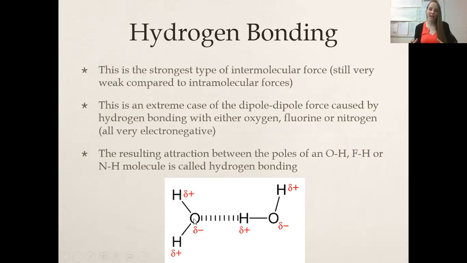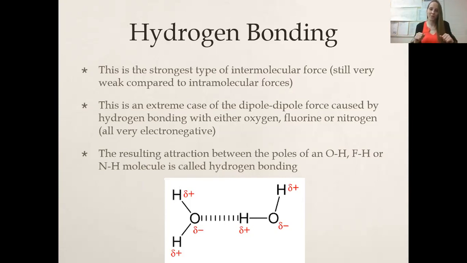So as soon as we have that, you can then have a hydrogen bond form between the poles of those different molecules instead of a dipole-dipole. And the only reason that happens is because the difference in electronegativity between the hydrogen and the N, O, or F is a huge difference, which means these are super polar molecules.